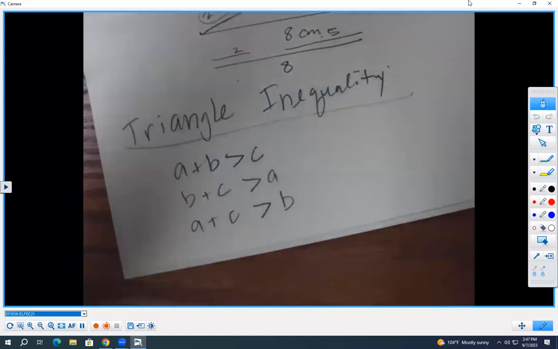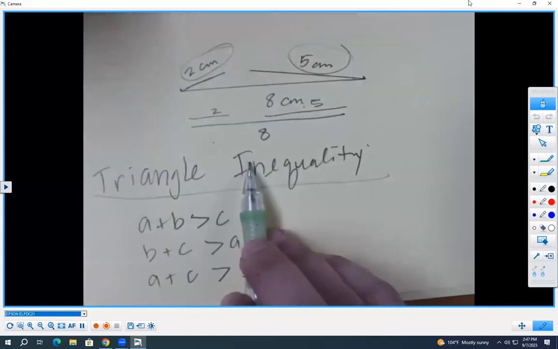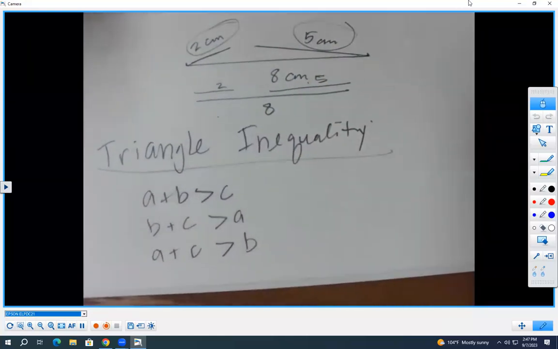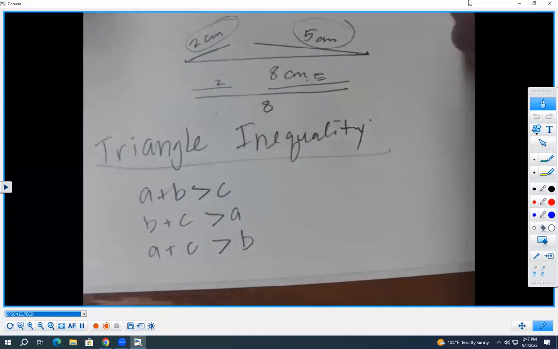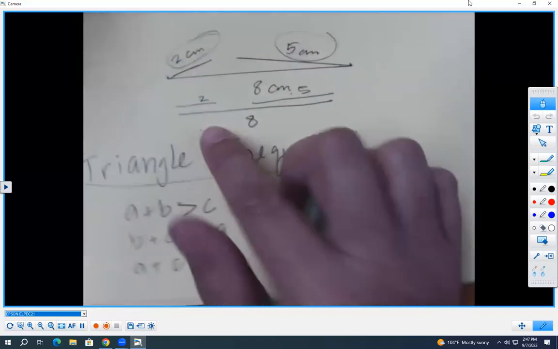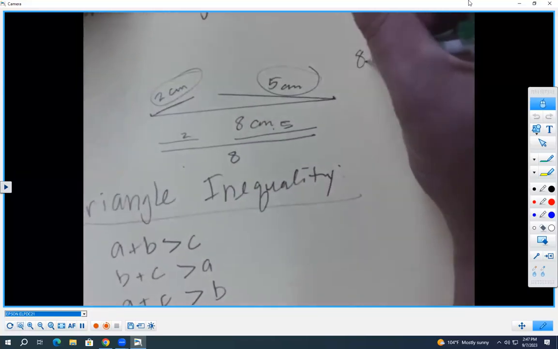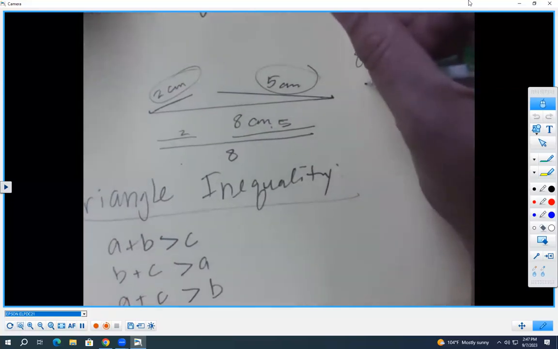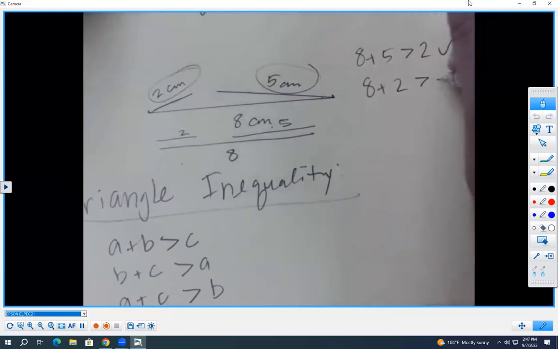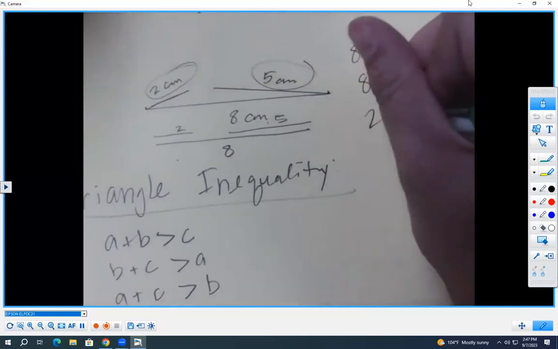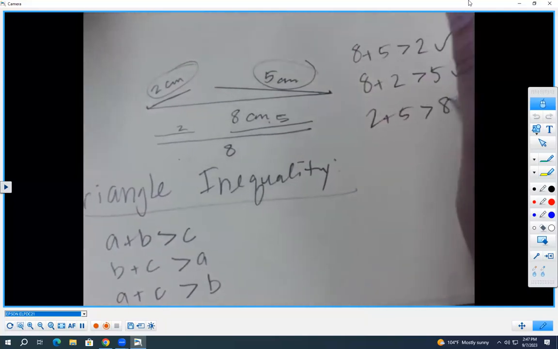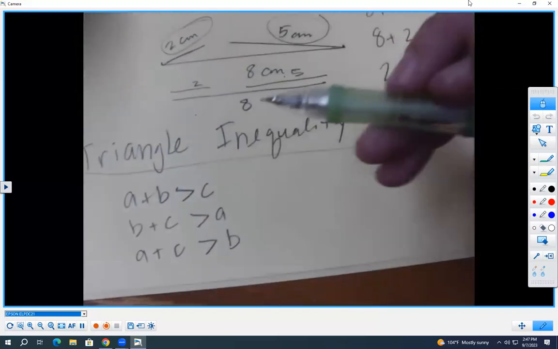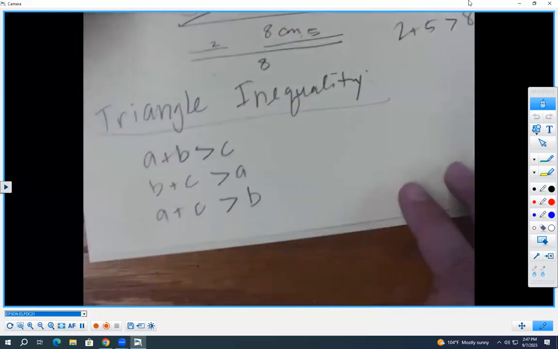The reason it has to be all combinations is that if you just check one of them, say 8 plus 5 is greater than 2, check. You have to check all of them to make sure they all work. 8 plus 2 is greater than 5, check. But is 2 plus 5 greater than 8? No, that's where it fails. Every single one of these has to be true to create a triangle.